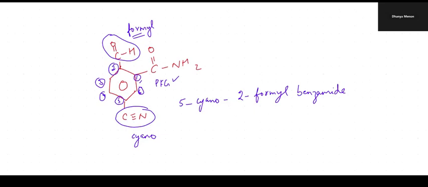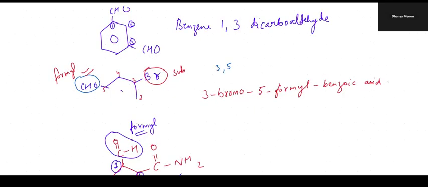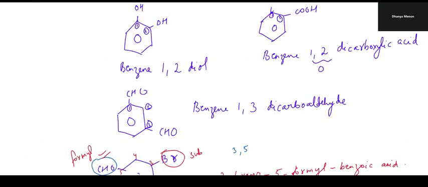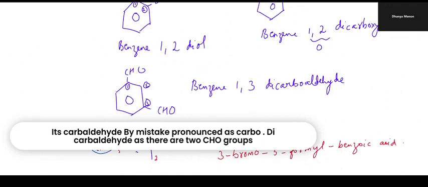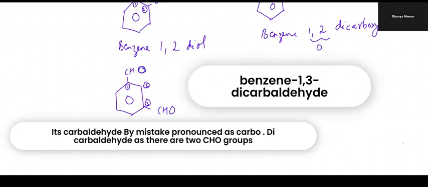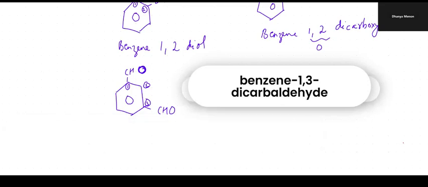Now this reminds me of an example we have done. Here you can see that there are 2 aldehyde groups that are directly connected to the ring. We have not given any number to that aldehyde carbon.